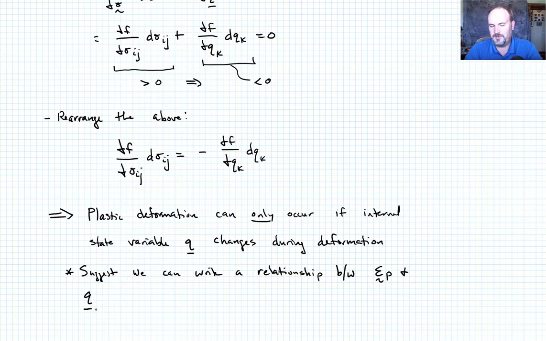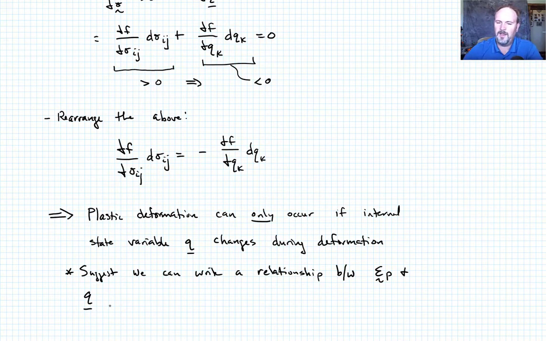What we did here was just prove it, but it shouldn't be too surprising because the internal state vector might just be the components of the plastic strain tensor. So if the plastic strain tensor, let's say, has 6 unique components, q could just be a vector of length 6 that contains each of those components.